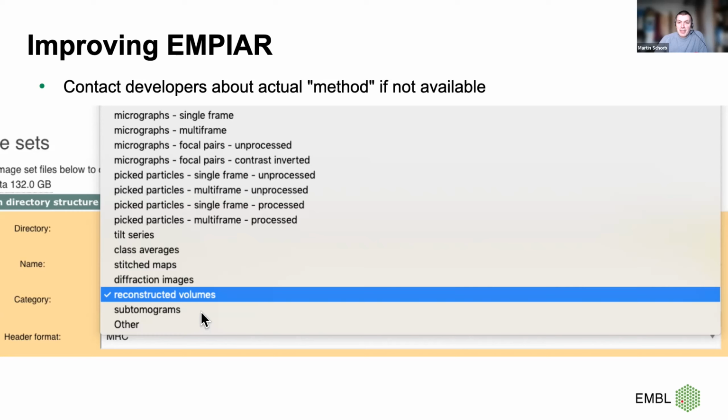So that was the first contact point to the developers, and we discussed, okay, what category makes sense, and which category do you deposit the data to? So that was kind of the first interaction, and that's also not always trivial because not every type of data fits in these categories that are meant to be generic, but sometimes it just doesn't match, and then that would be the time to get in touch with the developers.